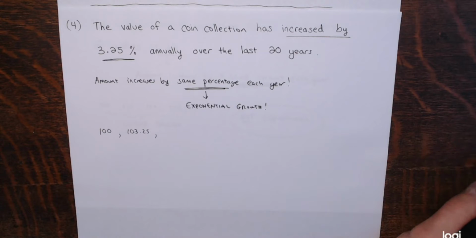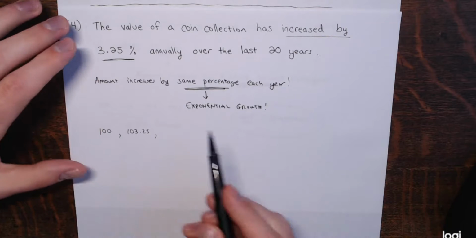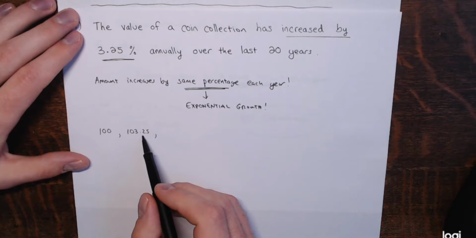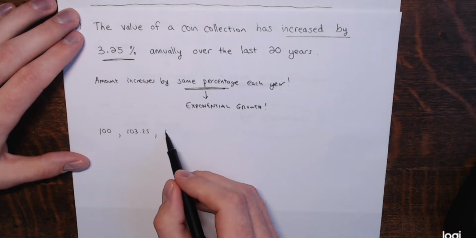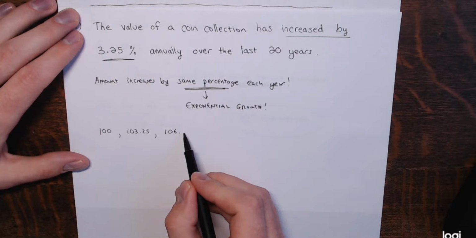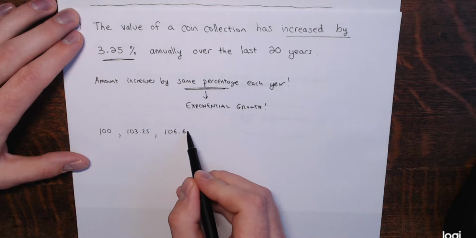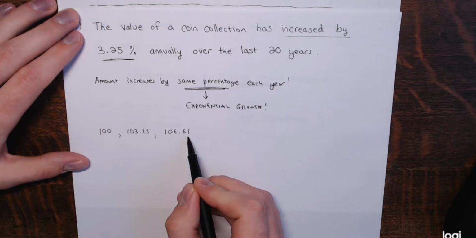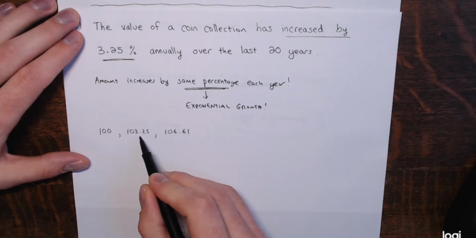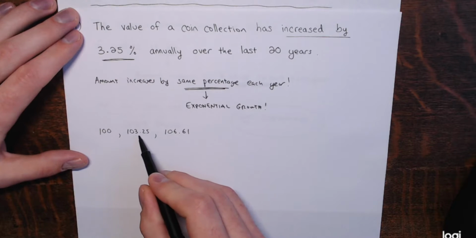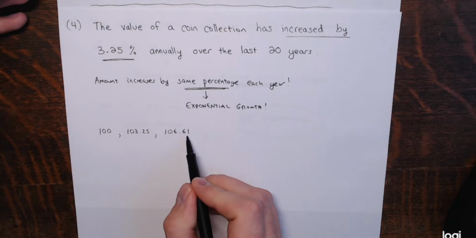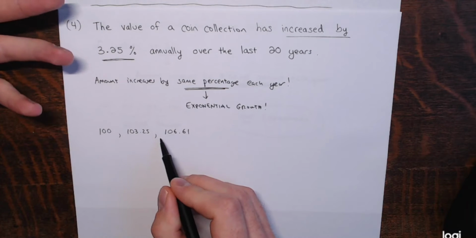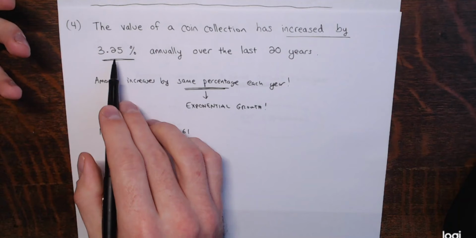Let me do that off to the side, and I'll write the result here. All right, so when I take this and take 3.25% of this and add it on, we get about $106, and say if I round to the nearest cent, it would be 61 cents, which isn't, again, if I added 3.25 again, it would be $106.50. But I'm not adding the same amount. I'm doing the same percentage every year.